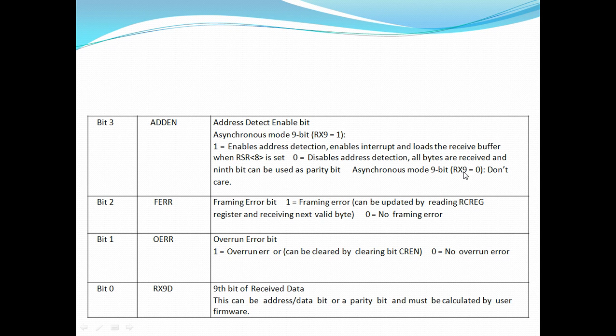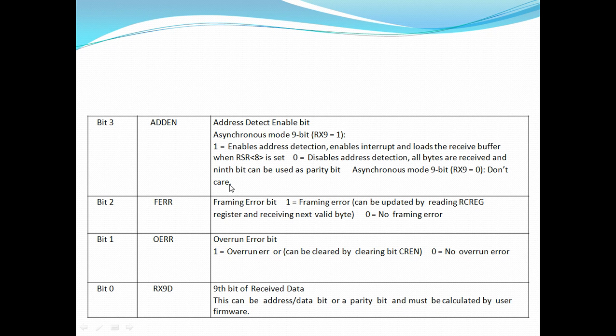It will allow data reception of 8 bits, and the 9th bit can be configured as a parity bit. So in asynchronous mode, the 9th bit is a don't care condition if we are going for 8-bit mode. This particular bit is used only in 9-bit data transfer in reception mode.